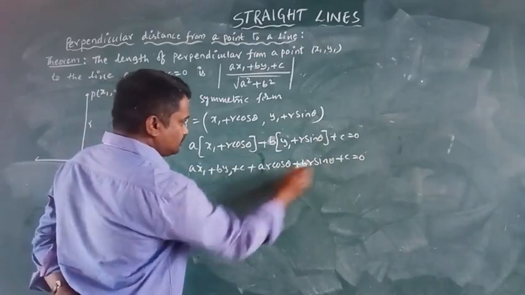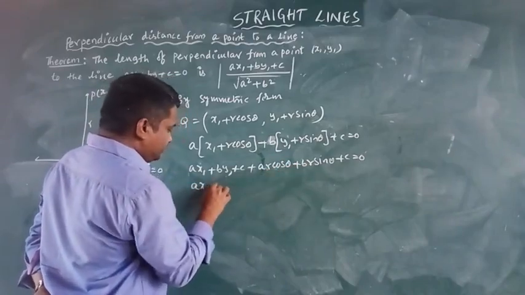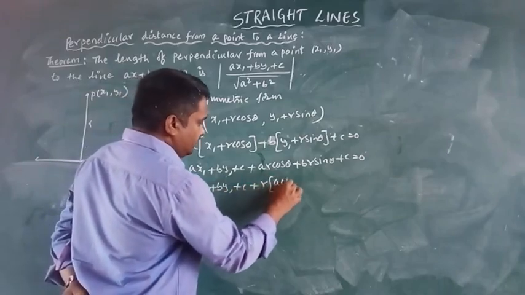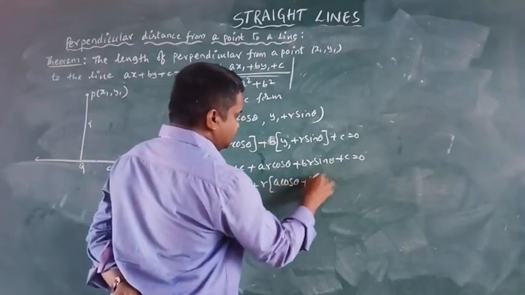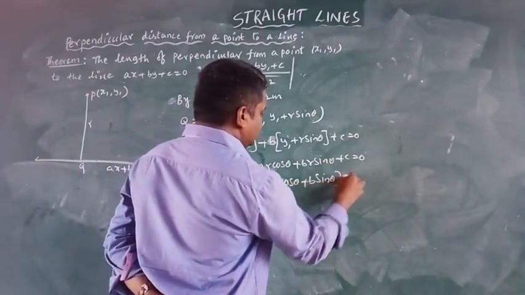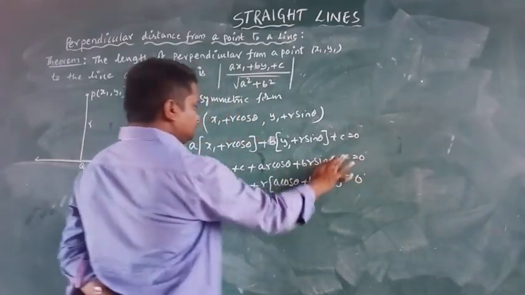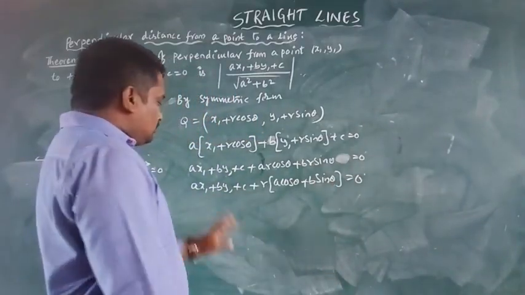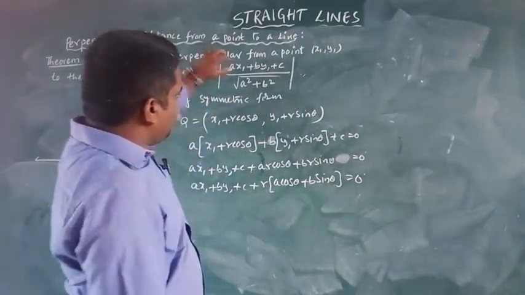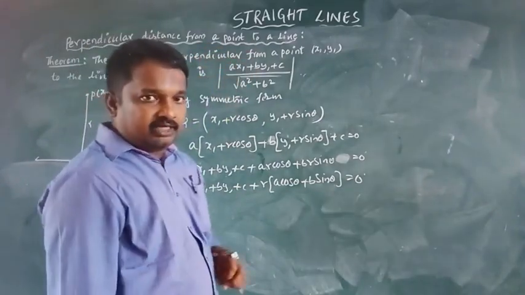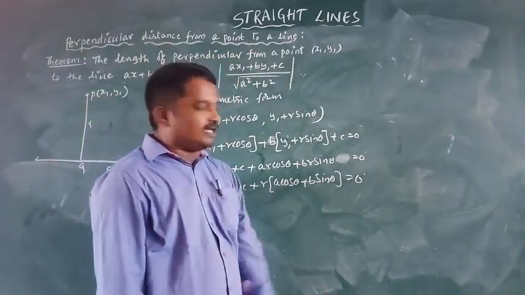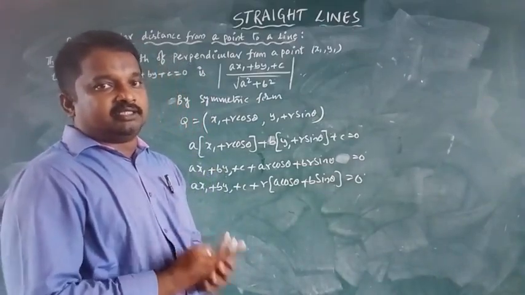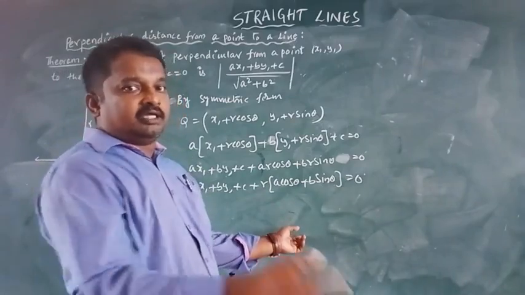In these two terms we may take r as common: r times (a cos theta + b sin theta) equals 0. Now the requirement is a and b and x and y, but here cos theta and sin theta are there. So for that we need to convert these cos and sin in terms of a and b.